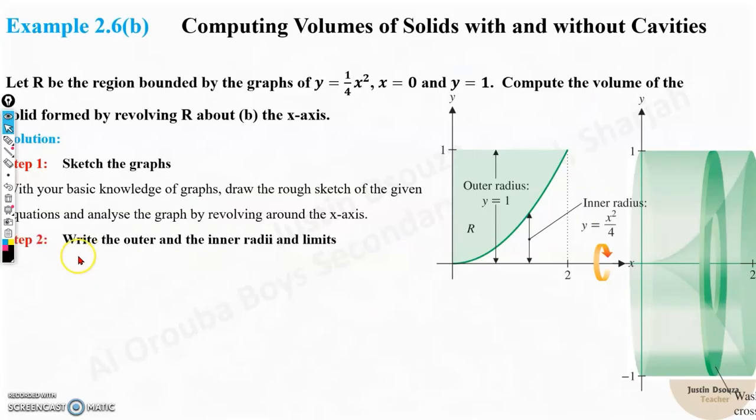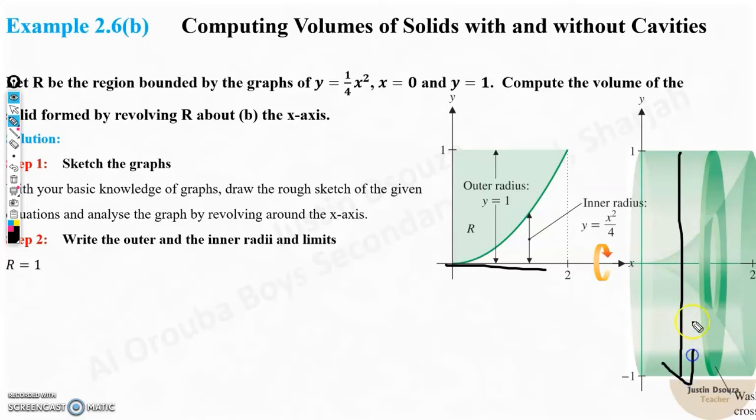Now we will try solving it. Write the radii and limits over here. This is very important. What is the outer radius? We can see the outer radius from the x-axis, not the entire length. That would be the diameter. We need just the outer radius, the big radius from here to here. That is 1.